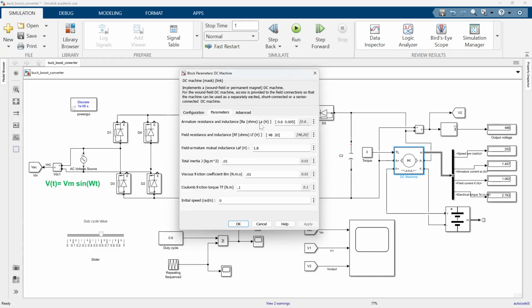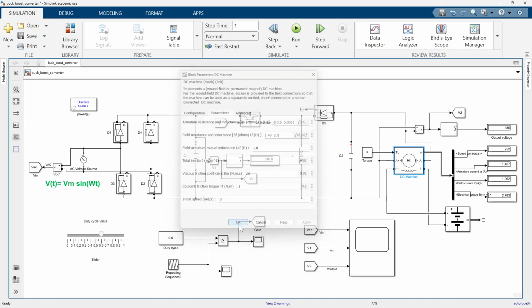The armature resistance and armature inductance are 0.6 and 5 microhenry respectively. Field resistance and inductance are as given here. The field armature is 1.8.